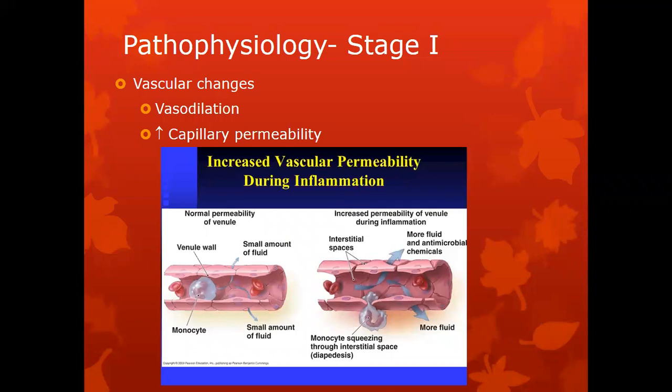So the injured tissues, when that vasodilation happens, the injured tissues and the leukocytes in that area will start to secrete histamine, serotonin, and kinins that constrict those small veins and dilate the arterioles. That's going to lead to redness and warmth at that tissue level.